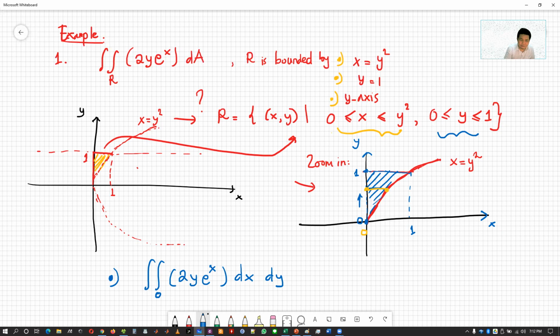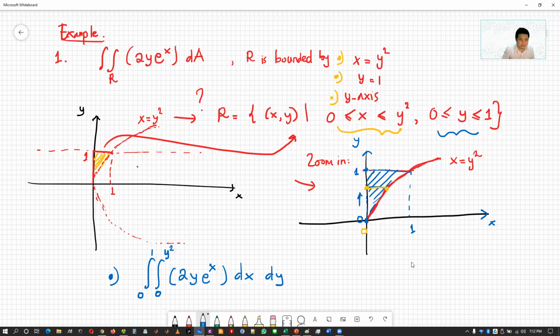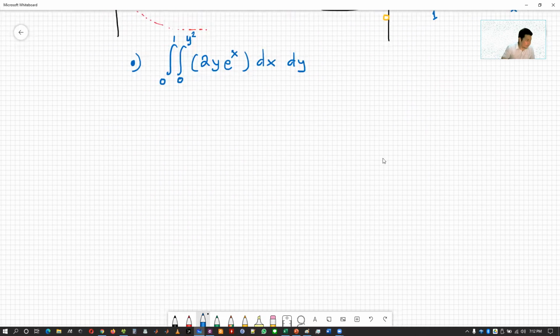Try to remember the previous rules. So this becomes y squared, and then y is from 0 until 1. Now we concentrate on these integrations. We will try to calculate it here.